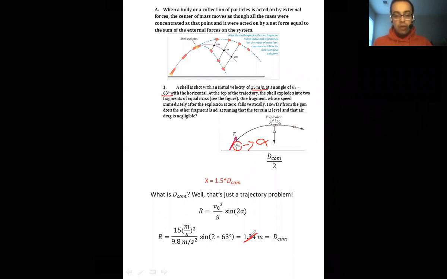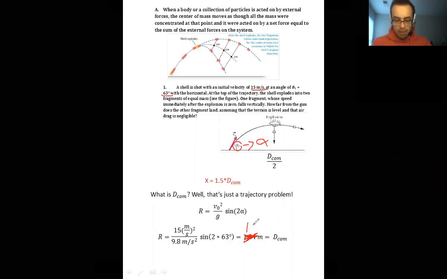And I can tell you already that this answer is wrong. So we go ahead and plug this into our calculator. 15 squared over 9.8 times sine 2 times 63.